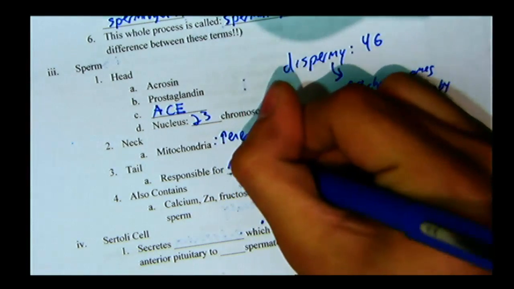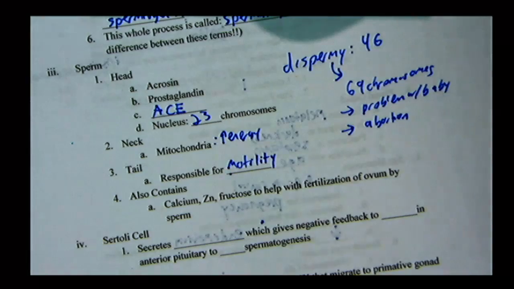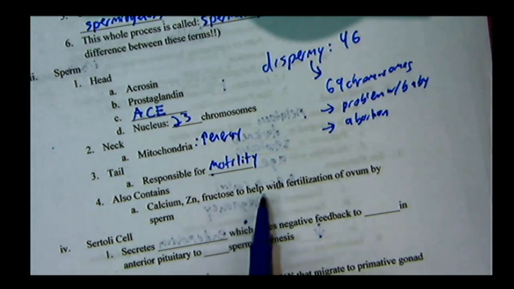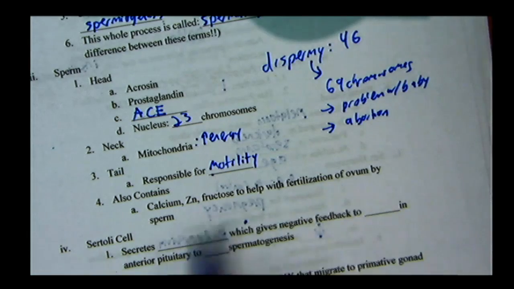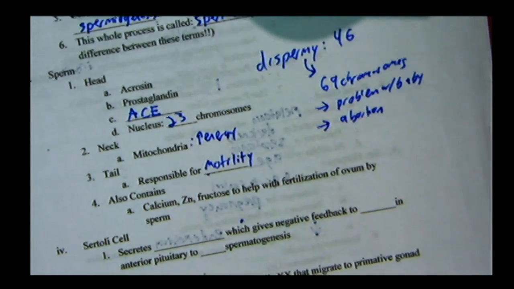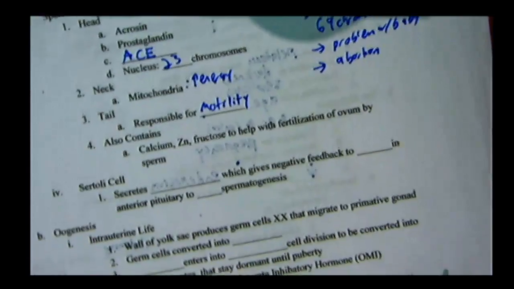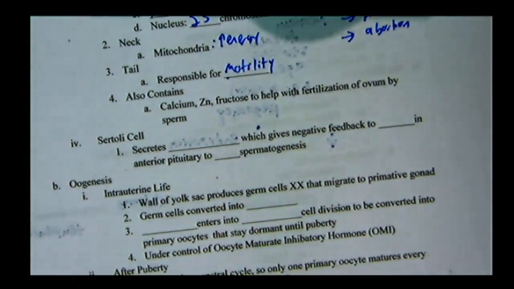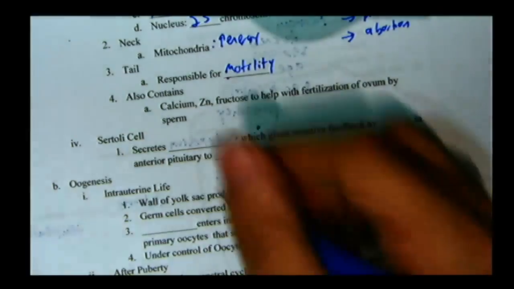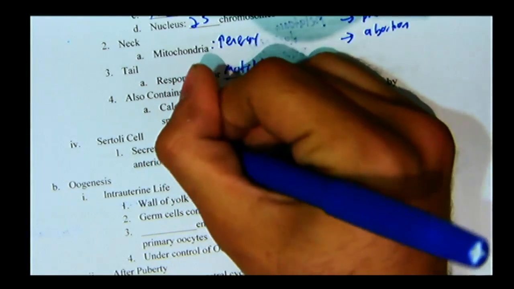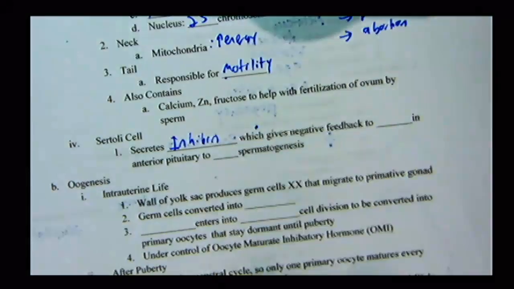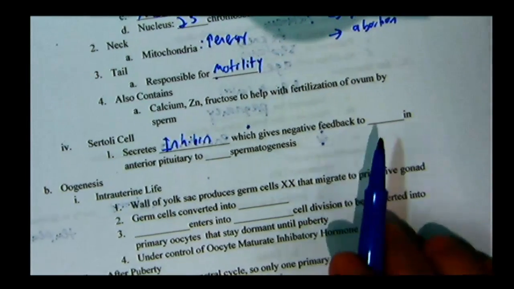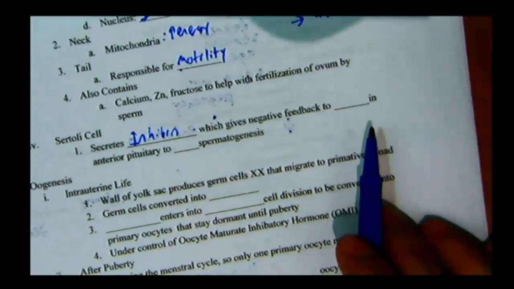So now we're at Sertoli cell. What do Sertoli cells secrete? Inhibin. Like the name implies, inhibin inhibits. So it gives negative feedback to what in the anterior pituitary? FSH. And what was FSH responsible for? Sperm, yeah.